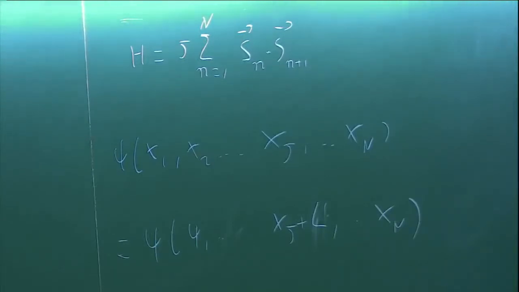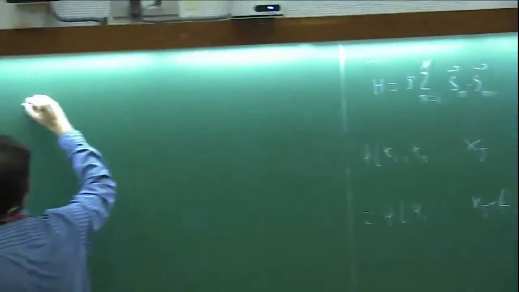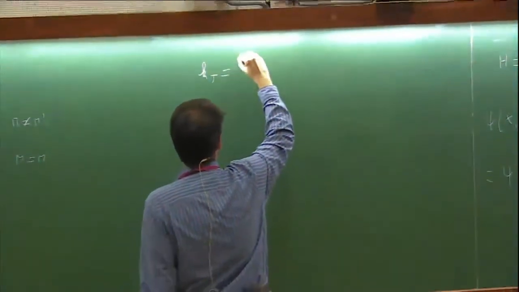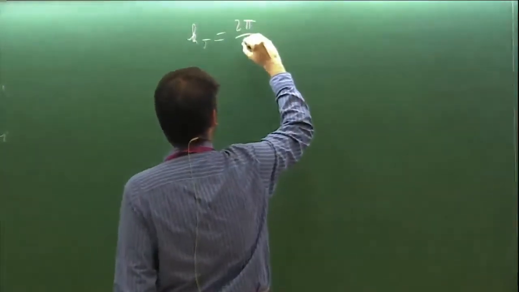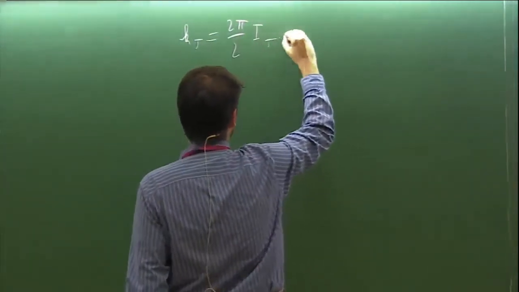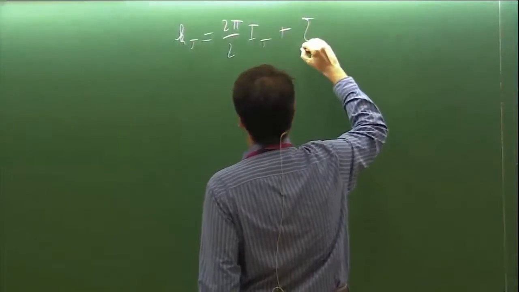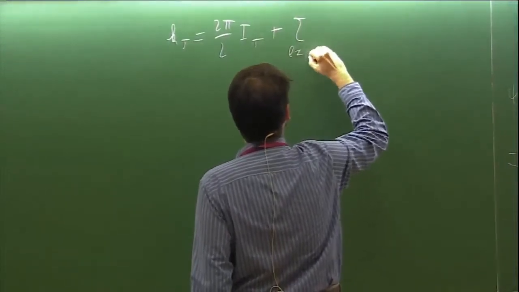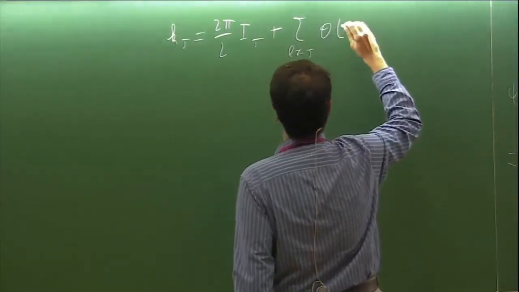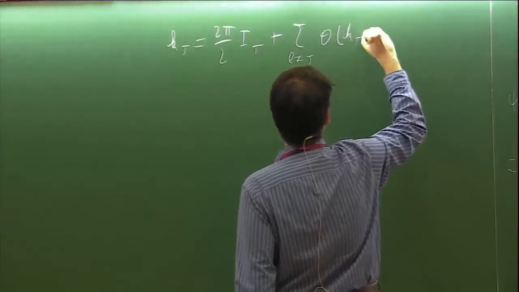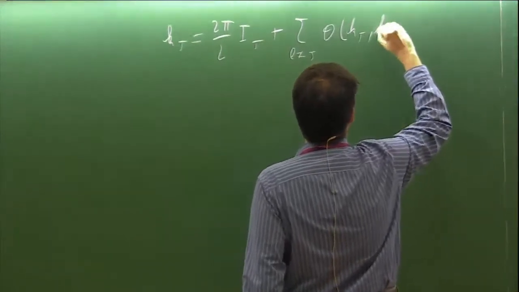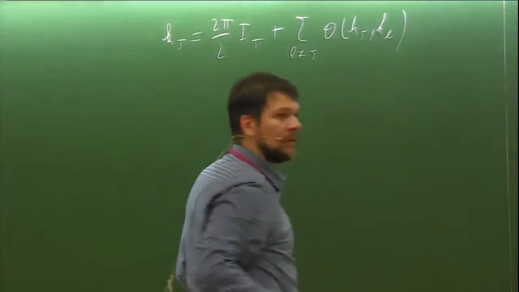So then you get the Bethe equations, which have the typical form that the quasi-momentum is equal to 2 pi over L times some quantum numbers, plus a phase shift that is due to the scattering of the jth particle over the lth particle.